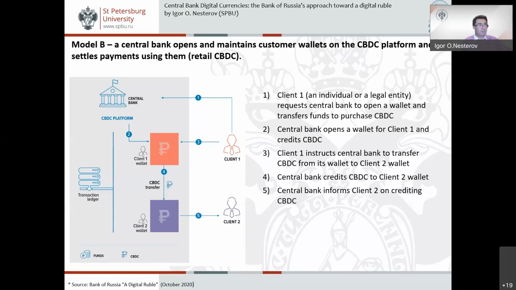The central bank will settle payments using the wallets that are going to be open for end users, that is customers.